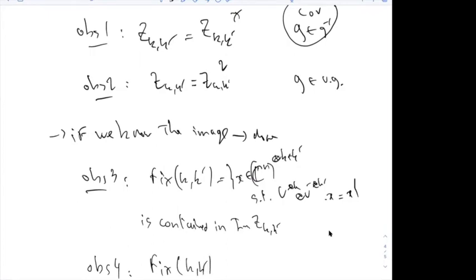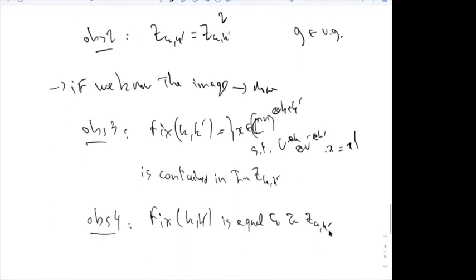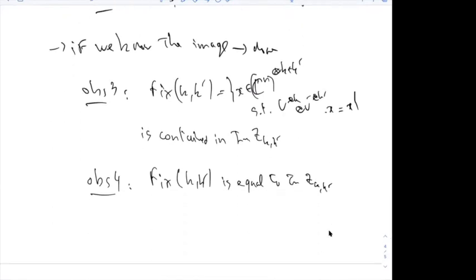Fix k prime is actually equal to the image of z k prime. Let me just draw a quick picture. This is my big tensor space. I have 0, and let's assume that I have a vector which is not invariant.